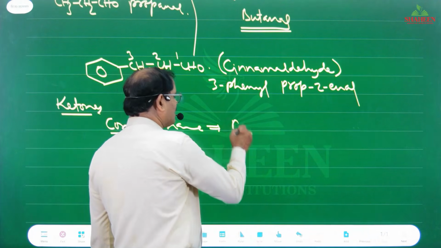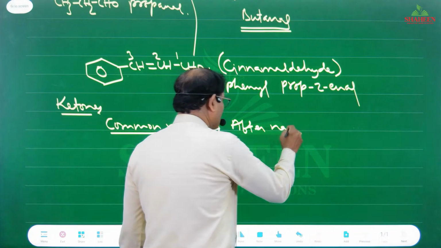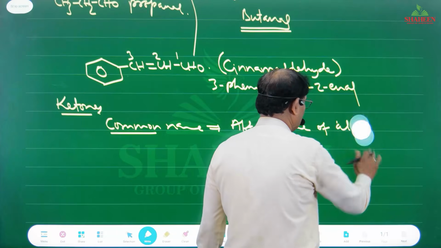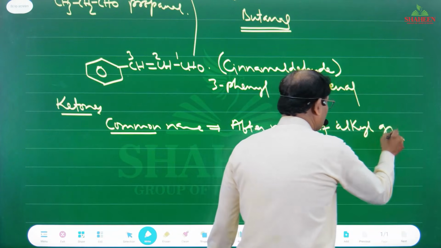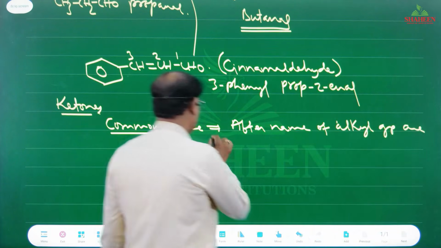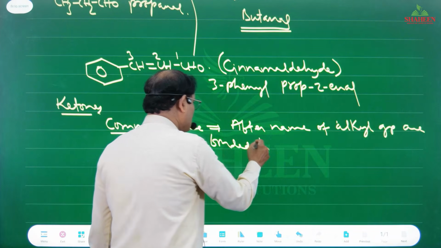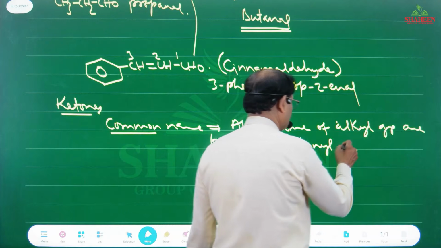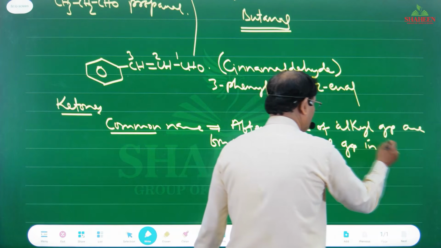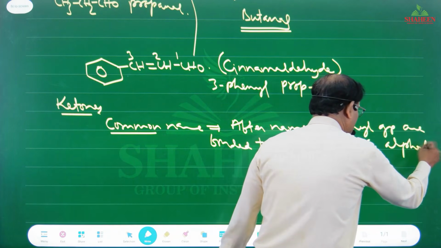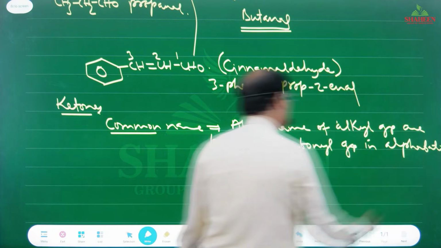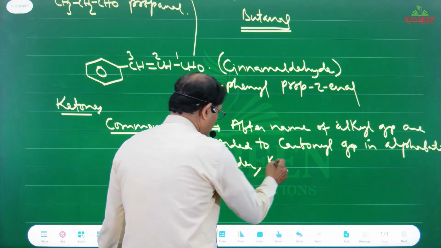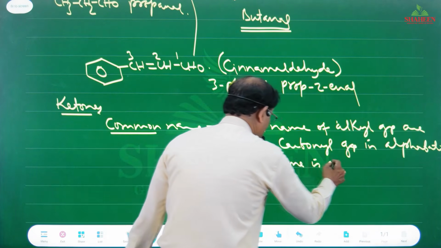After the names of the alkyl groups bonded to the carbonyl group in alphabetical order, ketone is added.